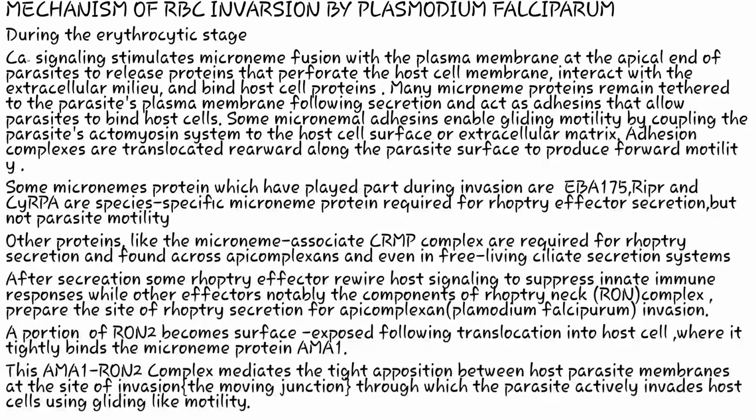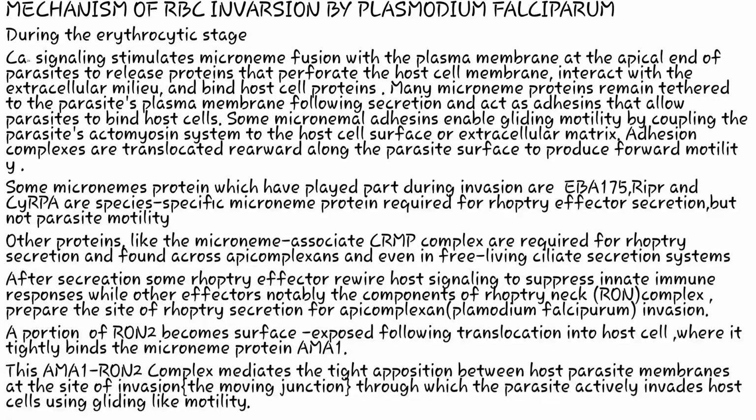So a portion of RON2 becomes surface exposed following translocation to the host cell, where it tightly binds the microneme protein apical membrane antigen 1. The AMA1 and RON2 complex mediate the tight apposition between host and parasite membrane at the site of invasion, hence the moving junction through which the parasite actively invades the host cell using gliding-like motility.